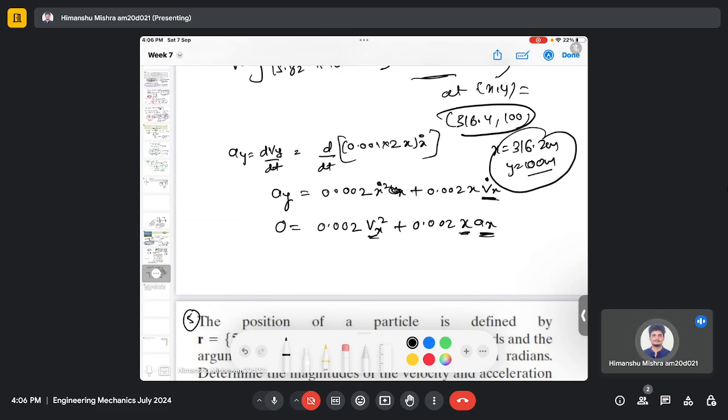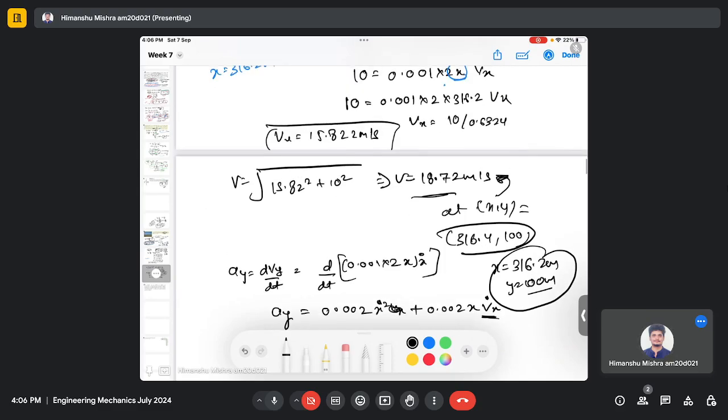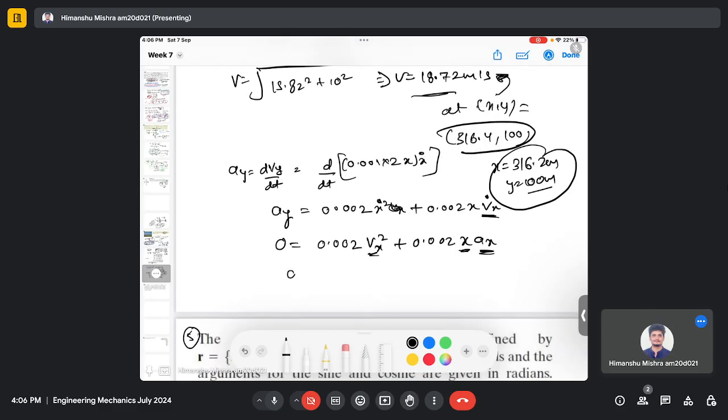So we just substitute here. Vx is 15.82, x is 316.2 Ax.